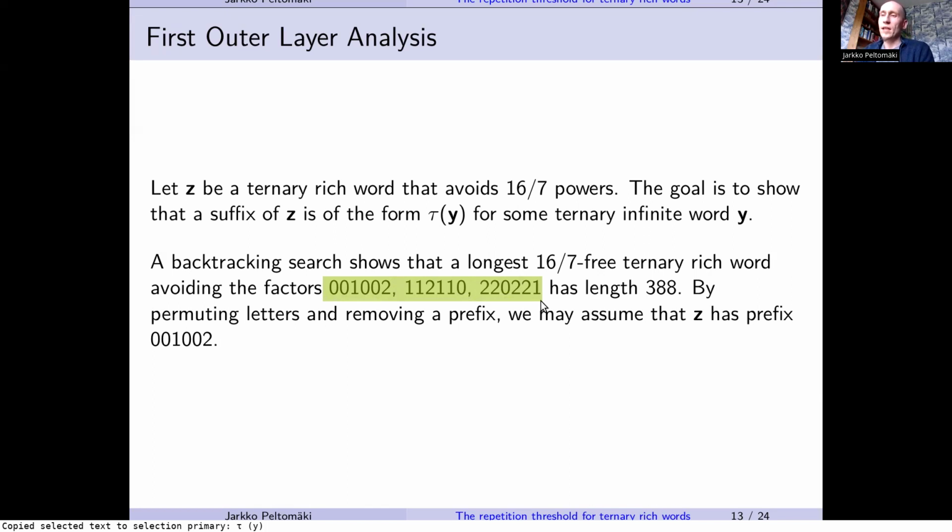And you check that if you have a word that avoids these powers and is rich and avoids these factors, it only has length 388 at best. So you know that Z, because it's infinitely long, has to have one of these words as a factor. And without loss of generality, we can assume that Z has this word as a prefix.